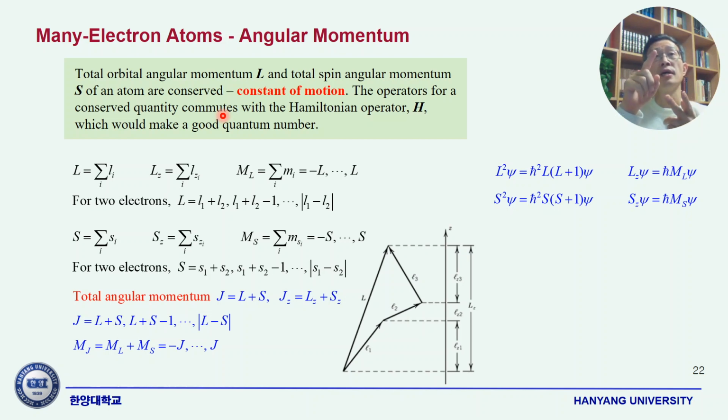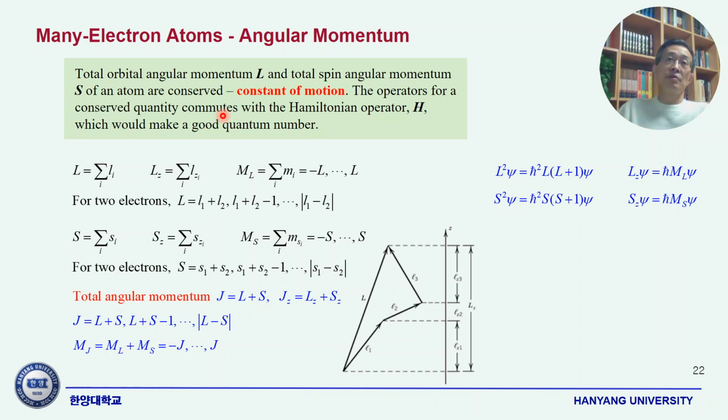Then the S square operator gives us s equals 1/2, and plus means that the Sz operator gives us ms equals plus 1/2. So these operators set up the symbol for the state, 2p0 plus.